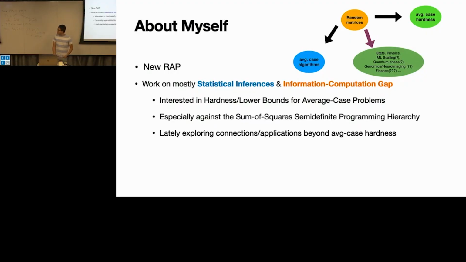I work mostly on statistical inference and the information-computation gap. During my PhD, I was primarily interested in hardness or lower bounds for average case problems, especially against the sum of squares SDP hierarchy, if you know about it. Lately, I have been more interested in exploring connections and applications beyond average case hardness.